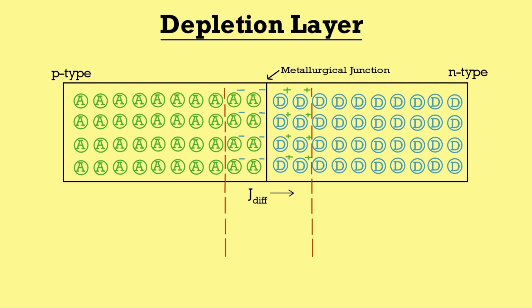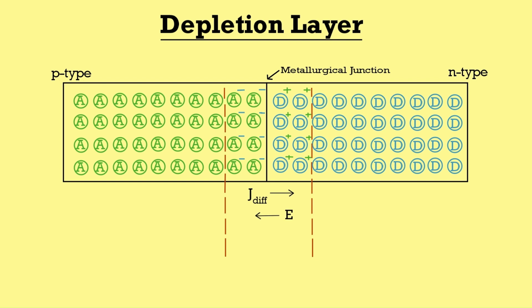And we know the direction of the electric field is the direction in which a positive charge will move if it is kept freely. Now, assume that we have kept a positive charge here. Both the ionized acceptor and donor atoms will force this positive charge to move from right to left. So, we can say the direction of the electric field will be from right to left.